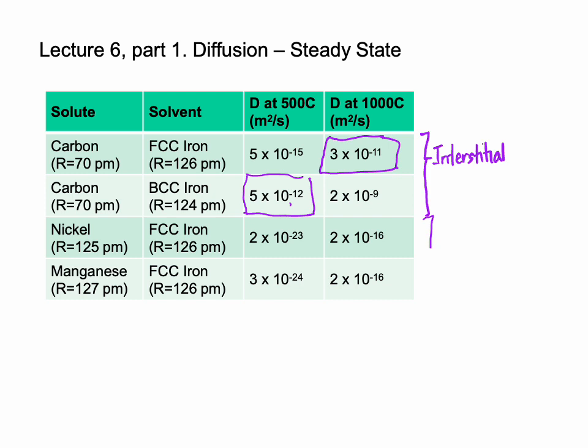The second pair, these are substitutional impurities. Nickel, iron, manganese all have a very similar atomic radius and the same crystal structure. So this is substitutional.